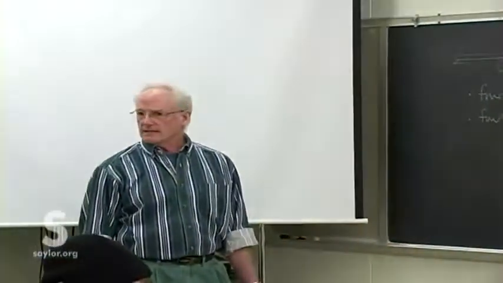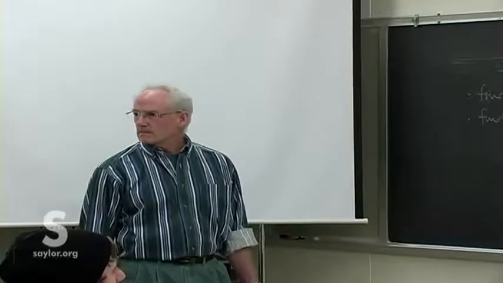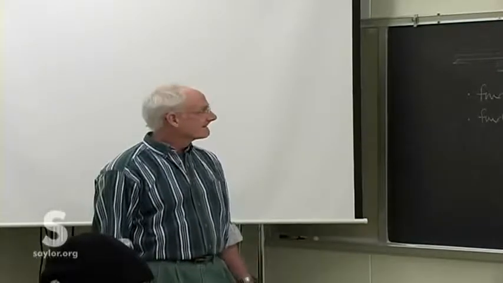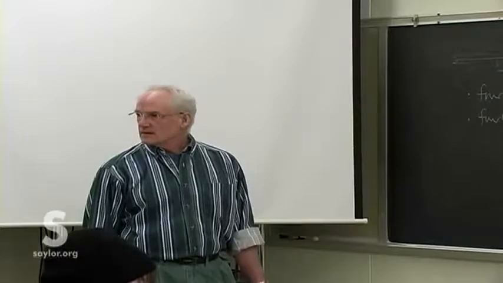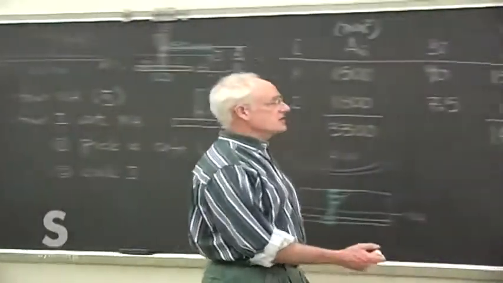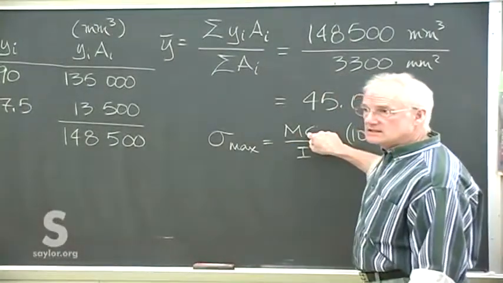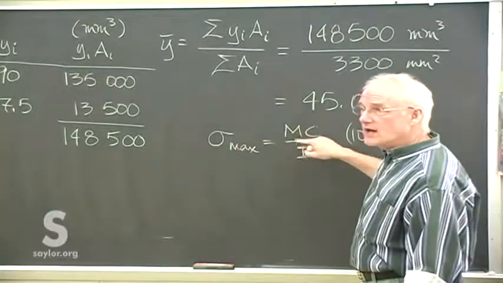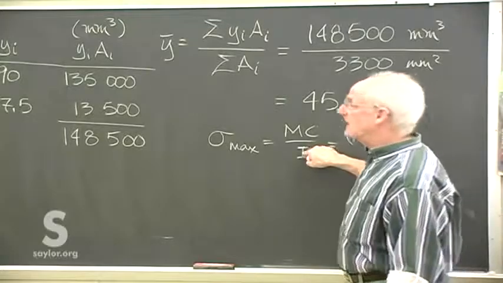What's C? Remember, our convention is that's the maximum distance of beam material in the cross-section away from where? The neutral axis.